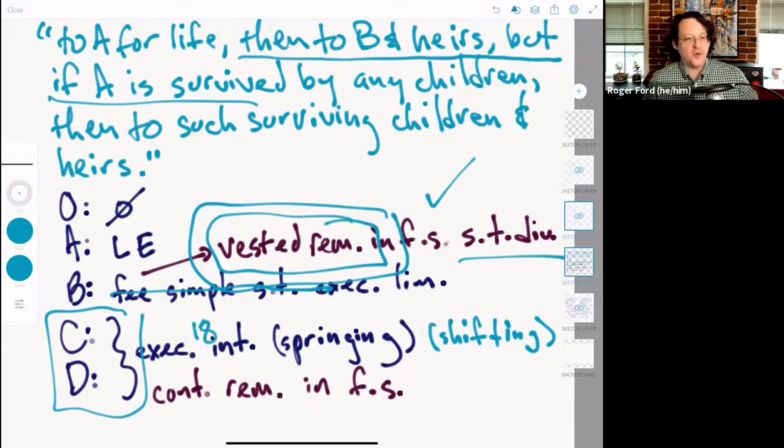And who had that it was a remainder? 46. So what's the argument that this is a remainder?